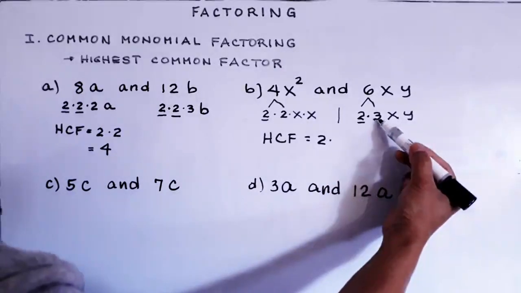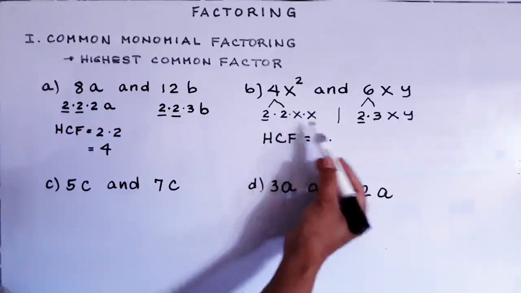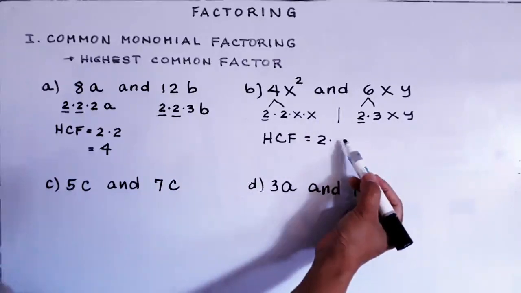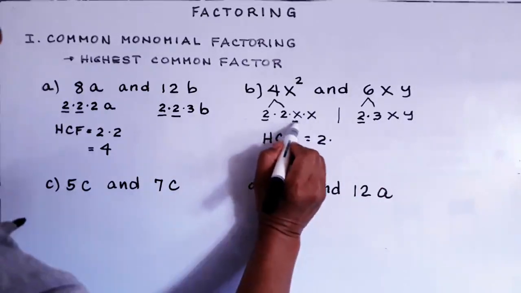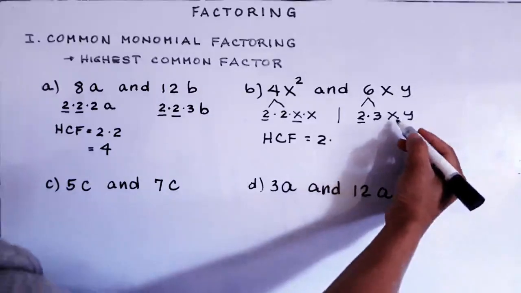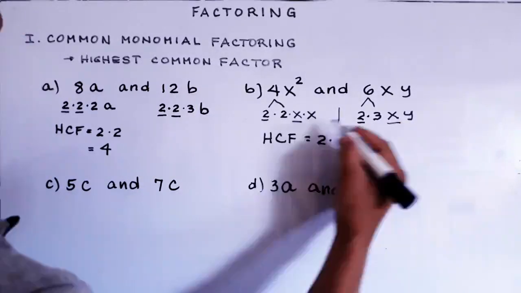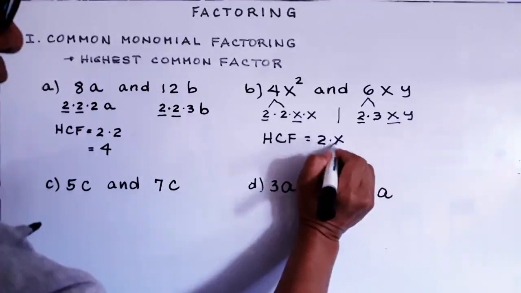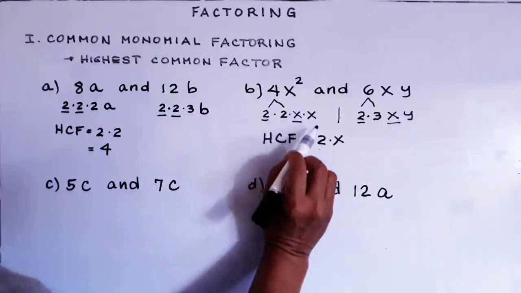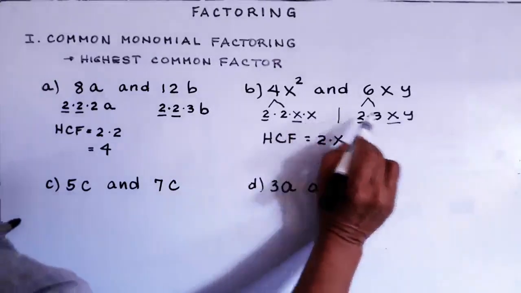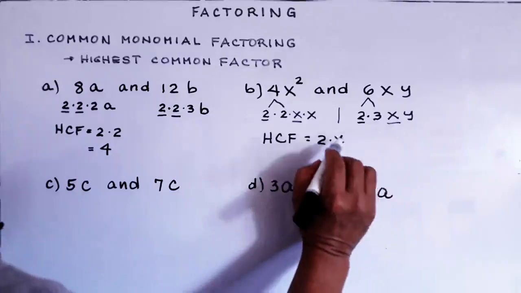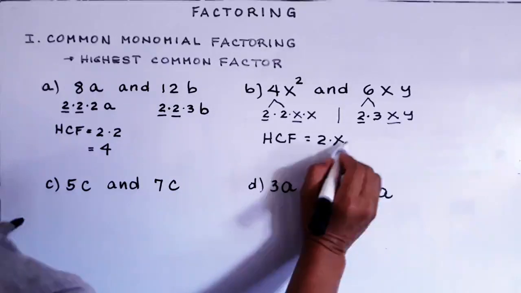We have 3 here, but we don't have 3 here, so don't write the 3. We have an x here, and we have an x also on the other side, so we write the x. We have another x here, but this x has been used already, so we cannot use that one.